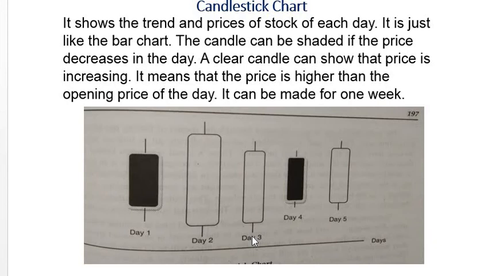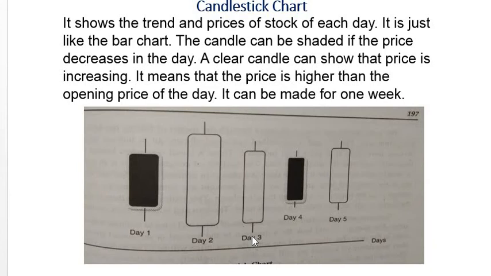So students, these are the 4 charts we have, and of course each one has its own advantages and disadvantages. Basically, as I told you, the easiest charts which can present the prices are the line chart and bar chart. Of course, point and figure charts are not as easy as line and bar, and these candlestick charts are very easy to plot, and even give you a very clear picture at an instance.